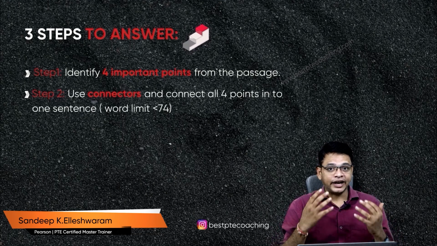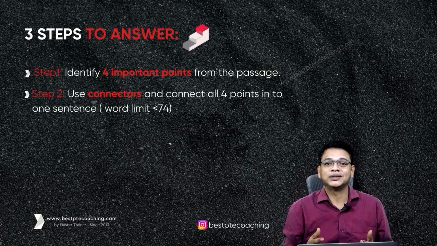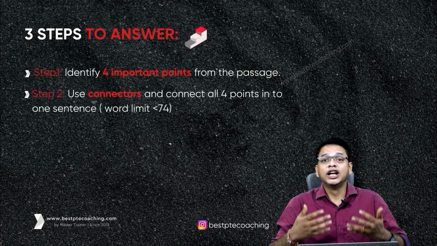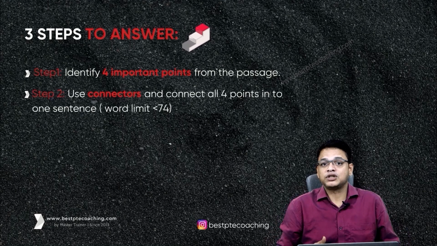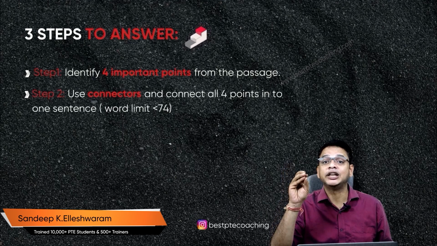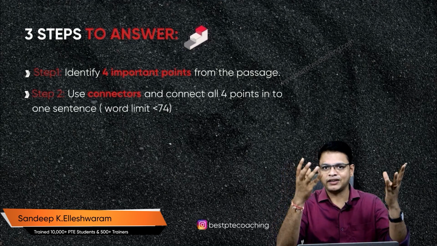The official guide says you can write 75 words also, but we have tested in the exam so many times: those who have a habit of writing exactly 75 words always or most of the times ended up getting a lesser score. 75 words limit is information, 74 is our intelligence. So you decide what you want to do.